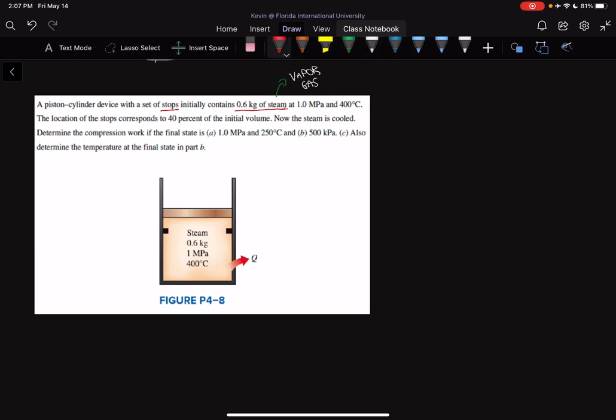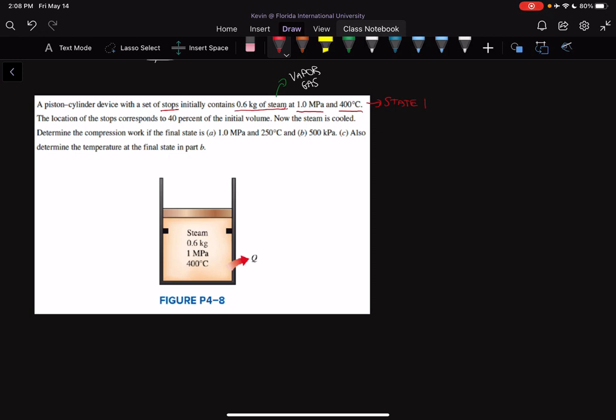And we're told that the 0.6 kilograms of steam are at 1 megapascal and 400 degrees. This first sentence determines our first state. So what we're going to do in this case is we know that this is state 1. Okay, and we're going to work through so that we can understand what's happening and how we're going to set up our problem. So this is going to be a good measure of how we work with our information and sort of figure out what the different states are, just like we were doing in the previous module.